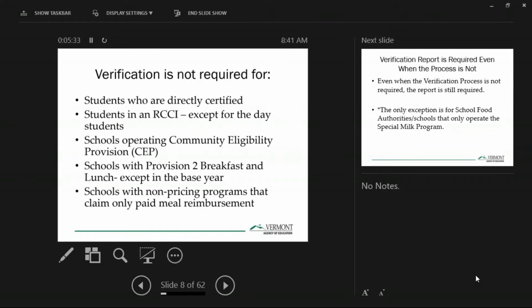The verification process is not required for everyone, and these are the few exceptions. It's not required for students who are directly certified, because we already essentially have that backup proof from that higher authority, not from the household, to certify that that child is eligible for free meals.